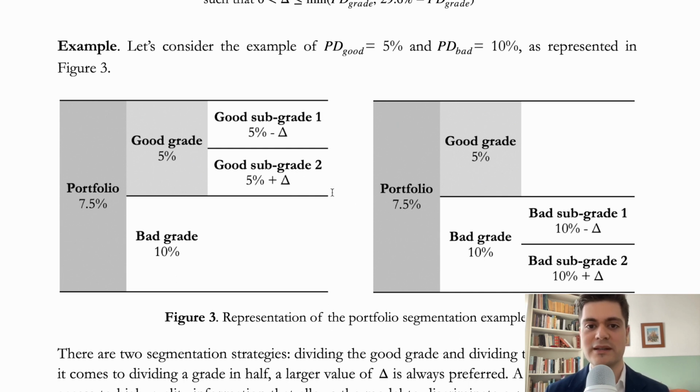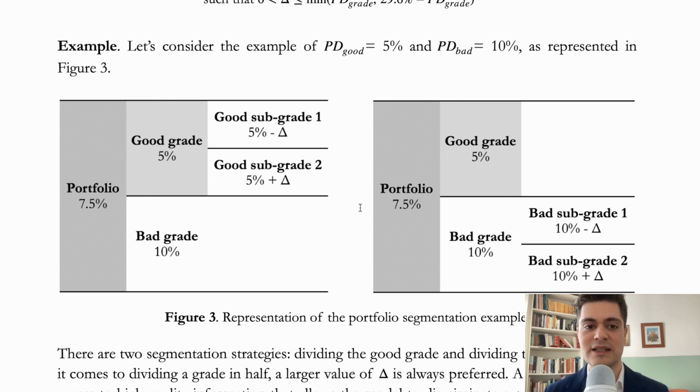If we choose to split this grade, depending on the quality of the information available, we'll be able to discriminate among exposures. For example, if this delta parameter is equal to 1%, this will mean that we can split the good grade into a subgrade with a PD equal to 4% and another one with a PD equal to 6%. If delta is equal to 2%, then we would have 3% and 7%, and so on.